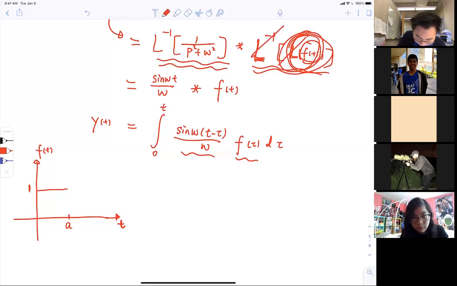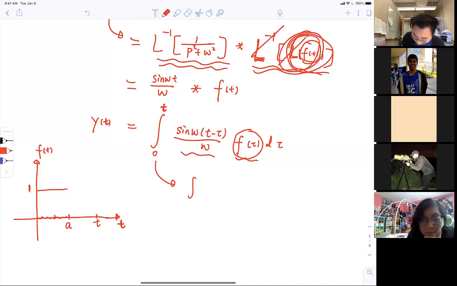Now imagine, because y is a function of t and t is some positive value, like a number: if t is in this regime, somewhere here, then f(tau) is always 1. However, if t is larger than a, then you need to split your integration into two parts: from 0 to a and from a to t.